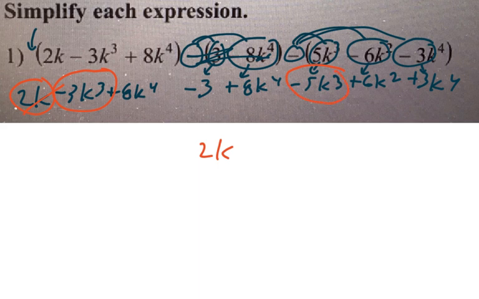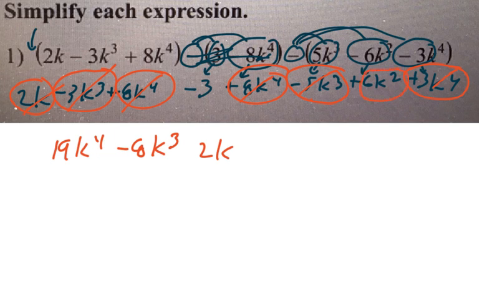So minus 3 and this minus 5 is minus 8k³. How about this 8k⁴ here? Well, there is another 8k⁴ there. That makes 16. Plus another 3 there. Makes 19k⁴. And then there is only this 6k².